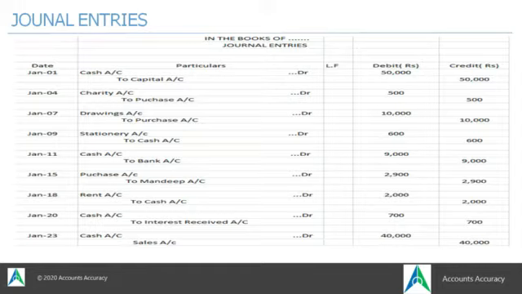Remember, you don't have to make more than one cash account and more than one purchase account, because these entries are repeated, so you should not make the purchase account again and again. Just one ledger for all purchases, one ledger for all the cash, and the posting will be done.